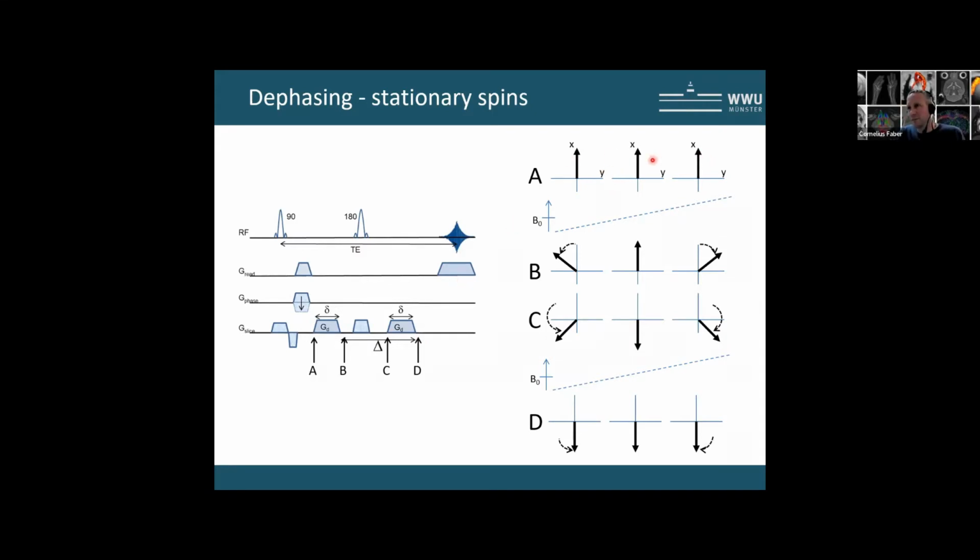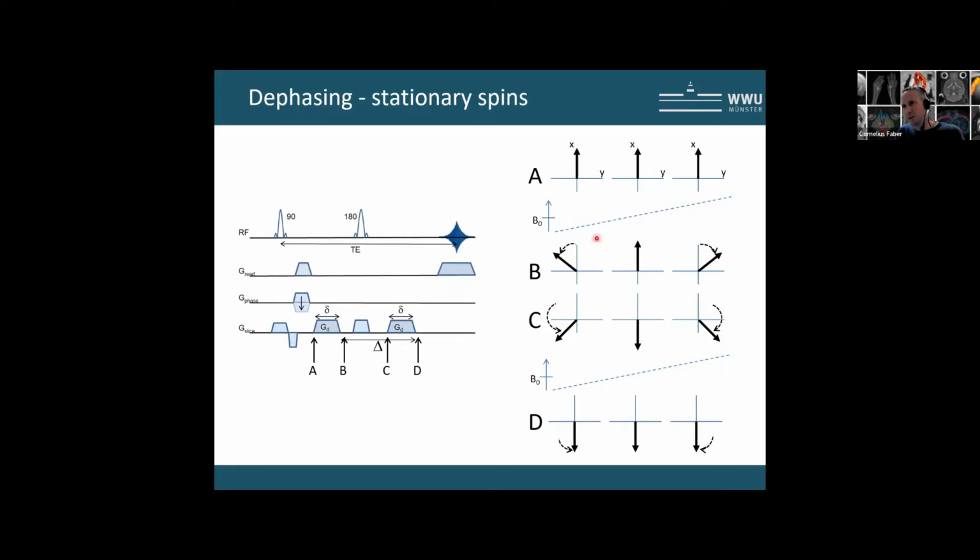Now, for these three spins, we look at the magnetization in the transverse plane, the XY plane. After the excitation pulse here at time point A, we have transverse magnetization along the X direction. Everything is in phase. Now, if you apply the gradient, then this is supposed to indicate the position of the spin. So this one is where there's a negative magnetic field when the gradient is on.